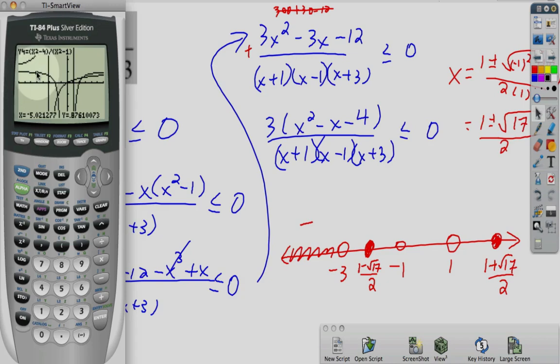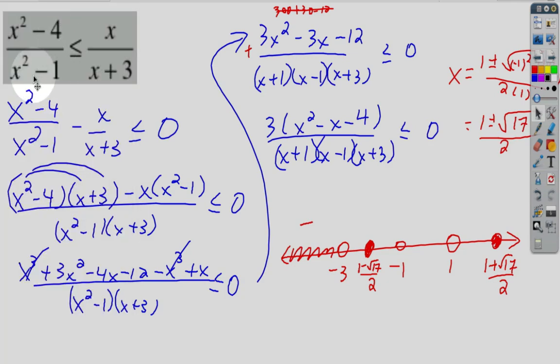Now, there's a value here, an asymptote, at -3. Okay? After you cross that asymptote, you can see that the graph of x squared minus 4 over x squared minus 1 is suddenly above the graph of x over x plus 3.